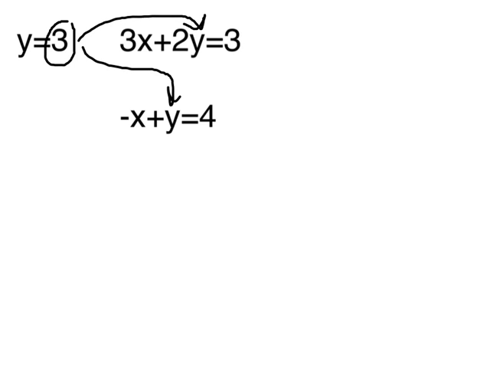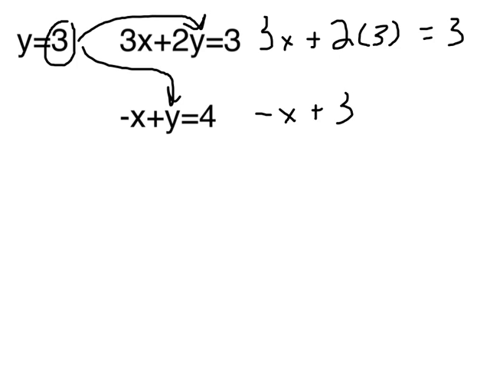Now when we do this, we will get 3x plus 2 times 3, because we substituted the y for the 3, equals 3. And on the bottom we will get negative x plus 3 equals 4.